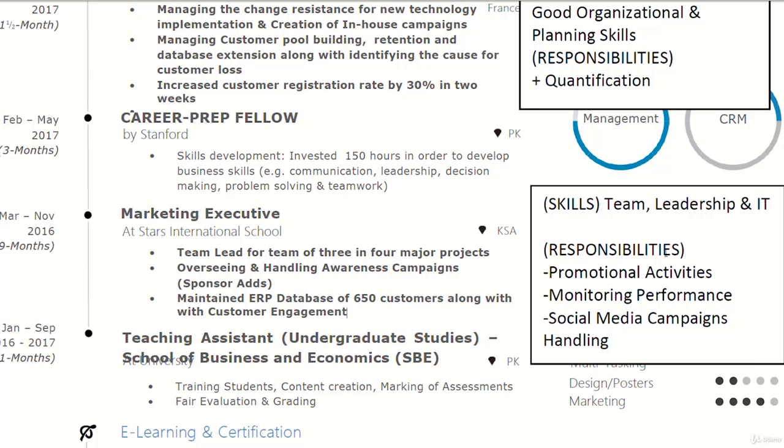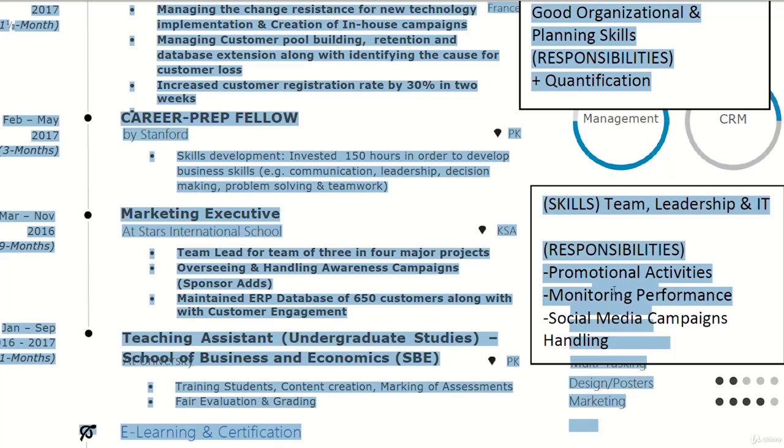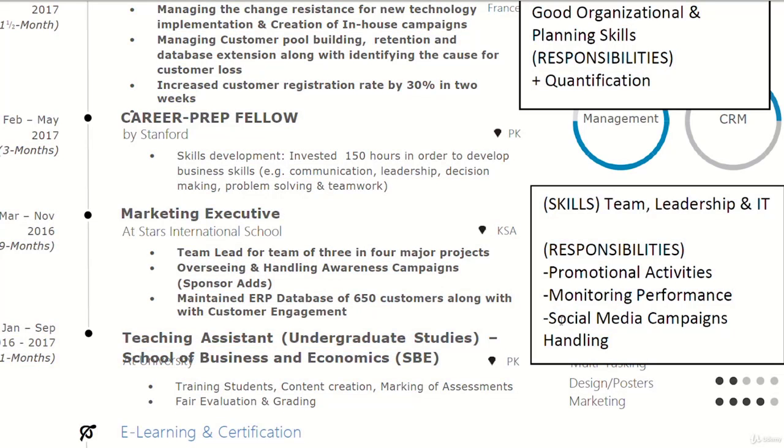Now, if we look back at the overall responsibilities that we saw in the job description, we can see that there were some promotional activities. The responsibilities included this, and the other thing was that you should be in a position to monitor performance. You should be in a position to look at and handle social media campaigns. So if you look here, I actually had experience of handling the social media campaign because I had experience with sponsored ads.